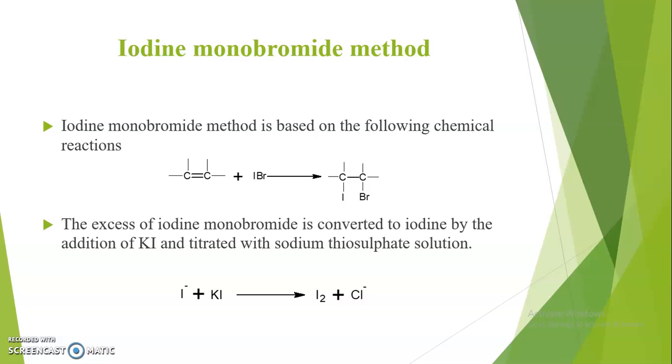Depending upon this we can judge the end point. That's why starch is used as the indicator in these iodometric titrations.